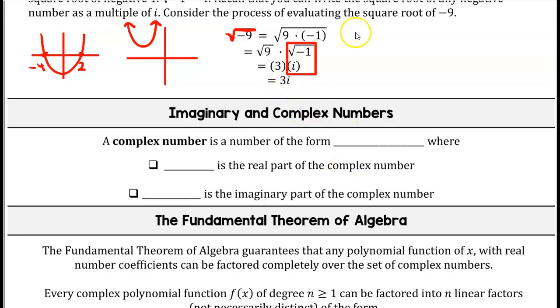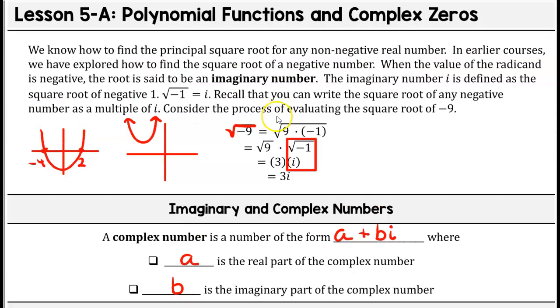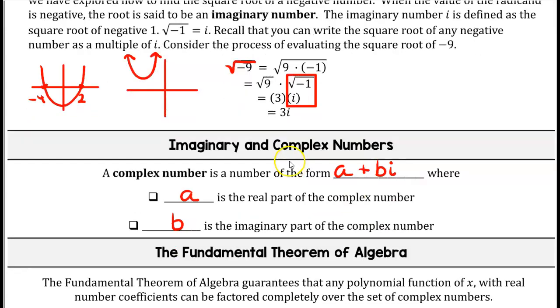Now, an imaginary number can also be complex. That's when it has a regular number, which we call a, and then its imaginary part, b, followed by the i, so we know that is the imaginary part. a is the real part, and b is the imaginary part. All imaginary numbers are also complex numbers.